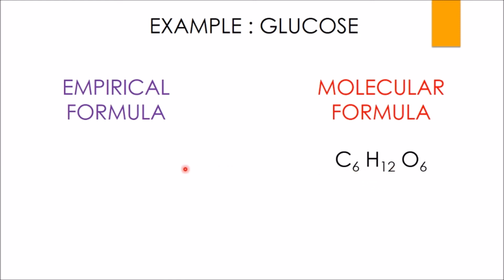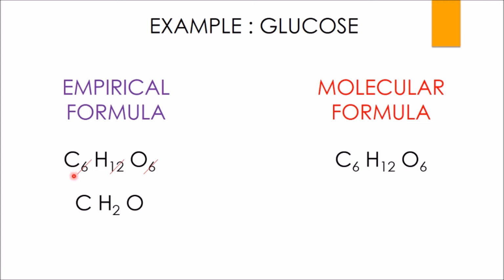If you want to find out the empirical formula, what is it going to be? We are going to simplify this formula by cancelling out the same 6. For example, if I cancel out all the atoms by the number 6, we are going to get the simplest ratio between them, and the simplest ratio is going to be 1 carbon, 2 hydrogens and 1 oxygen.